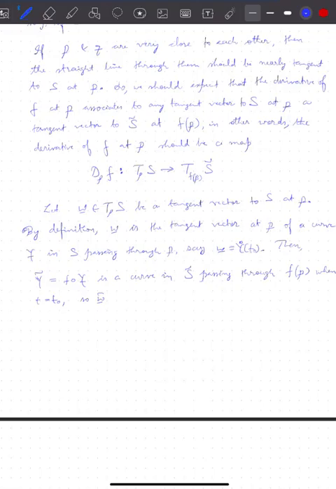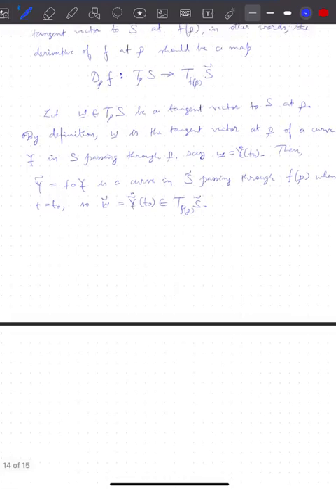So W tilde is equal to gamma tilde dot at t naught, and this is an element of T_f(p) S tilde, right? So with this, we have a definition.